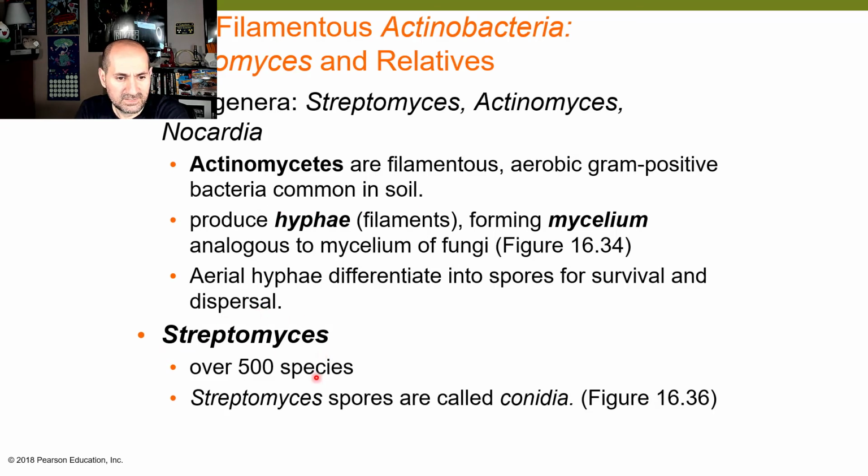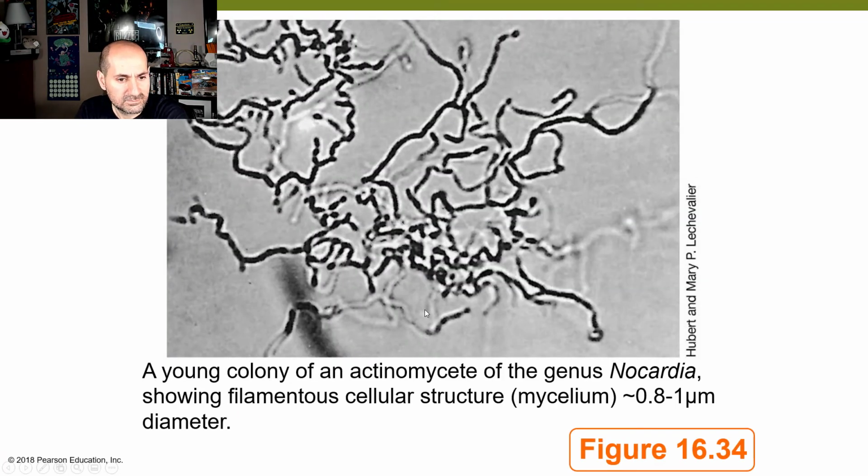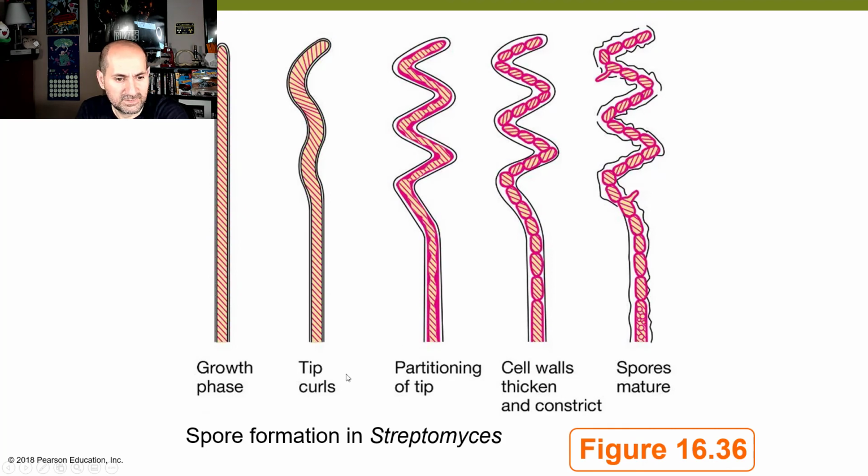Then you have the Streptomyces, and the Streptomyces are also hyphal-shaped cells, and they can form spores. So here you can see Streptomyces forming a spore. Here's the hyphal cell. The tip begins to curl, partition, and then you form spores. Spores form at the tip of the hyphal Streptomyces cell.